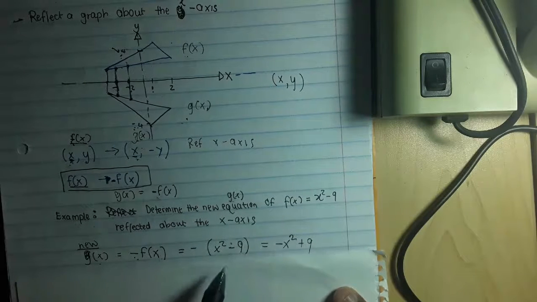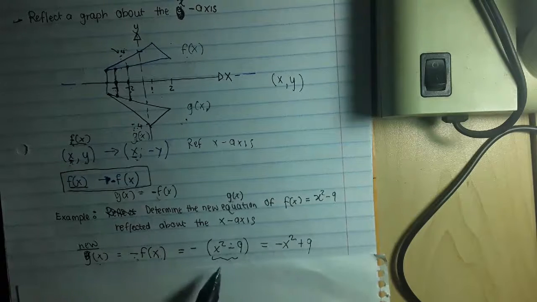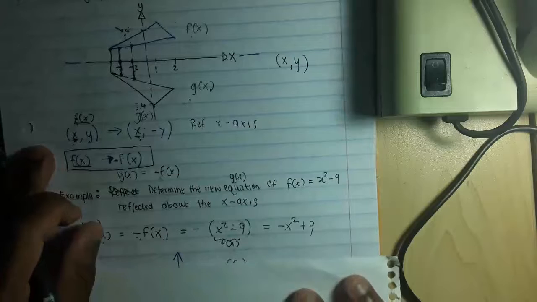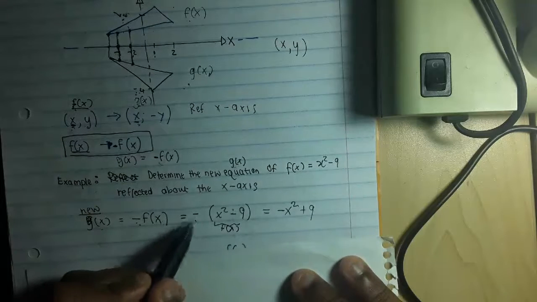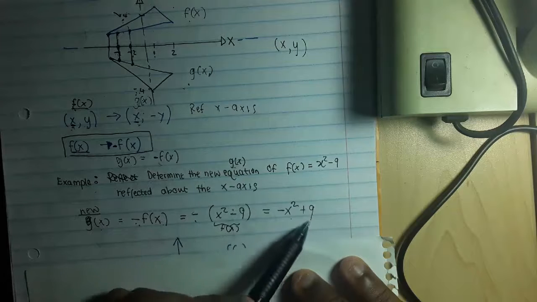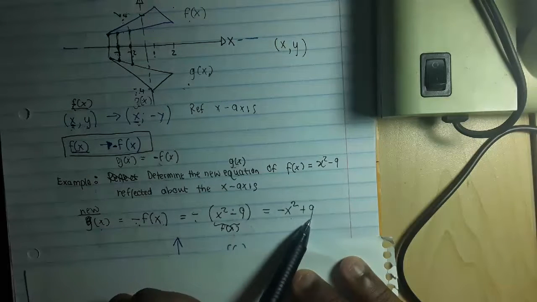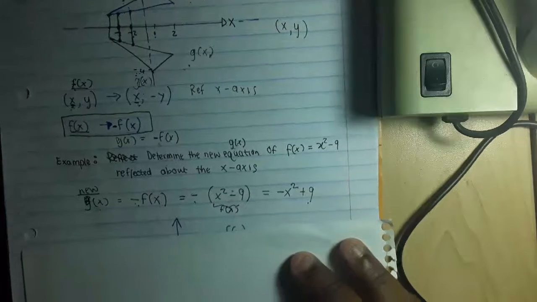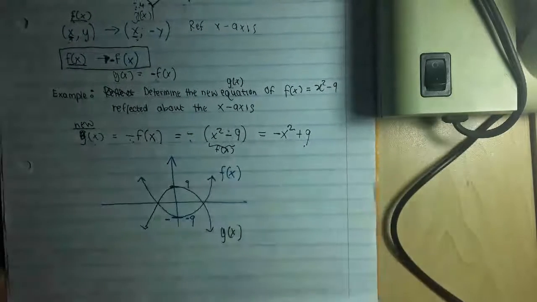So this is f of x, and we added a negative. When we distribute this, we'll have minus x squared, and plus 9. So this is the new graph reflected about the x-axis. If you attempt to draw this, this is how it will look.